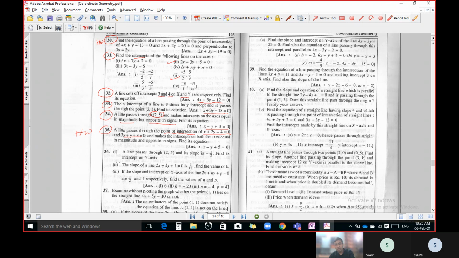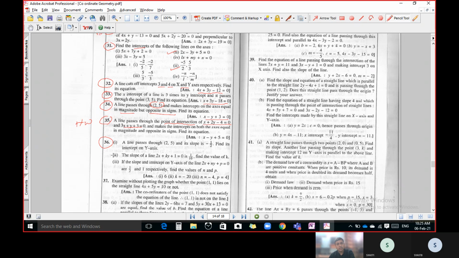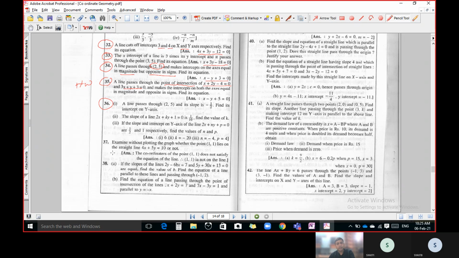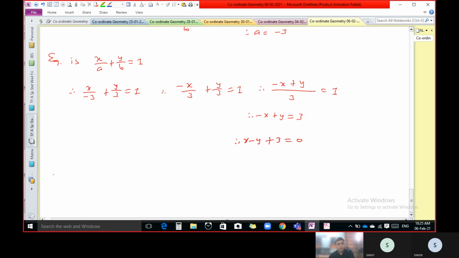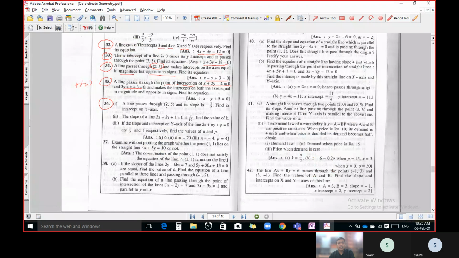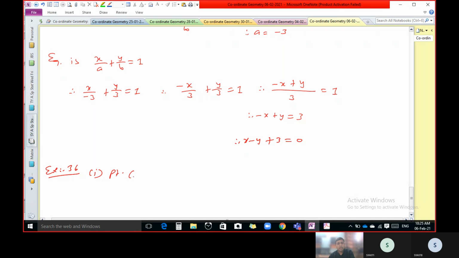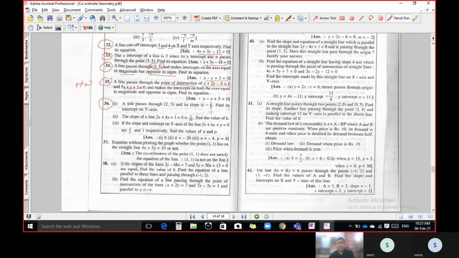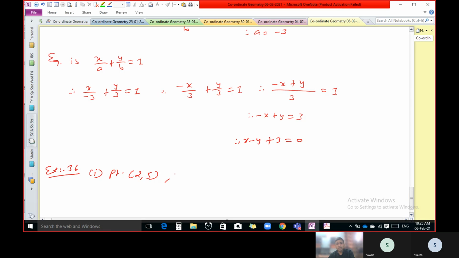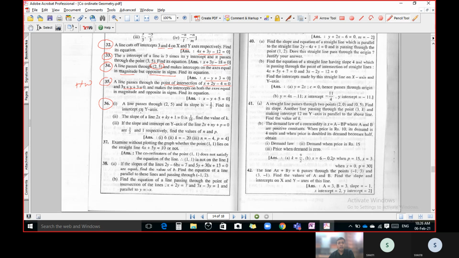Okay, now let us do question number 36 first. A line passing through 2, 5. So one point is given. And slope is minus 1 by 2. Slope is given. And what we have to find out?